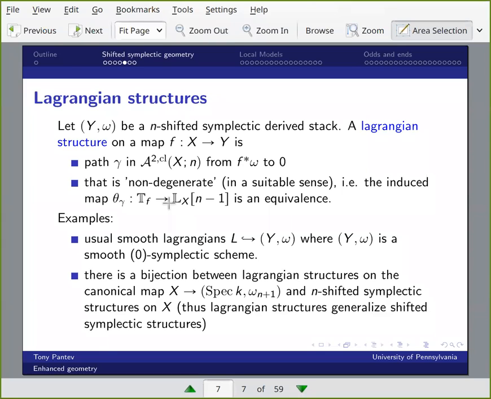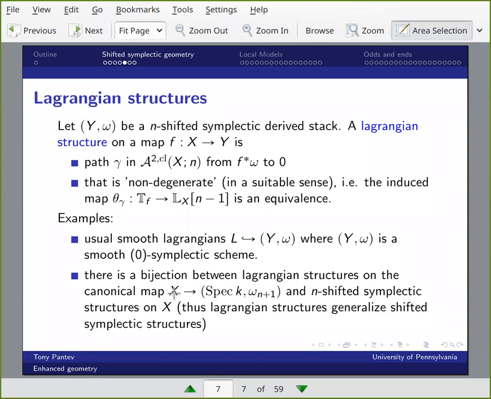And a usual Lagrangian in an unshifted symplectic space is a shifted Lagrangian in this sense. But it's also interesting to notice that Lagrangian structures and symplectic structures are actually on an equal footing, because you can take a point with the zero symplectic structure, but putting homological degree -n-1, and then a Lagrangian structure on a map from a space to the point will be just an n-shifted symplectic structure.